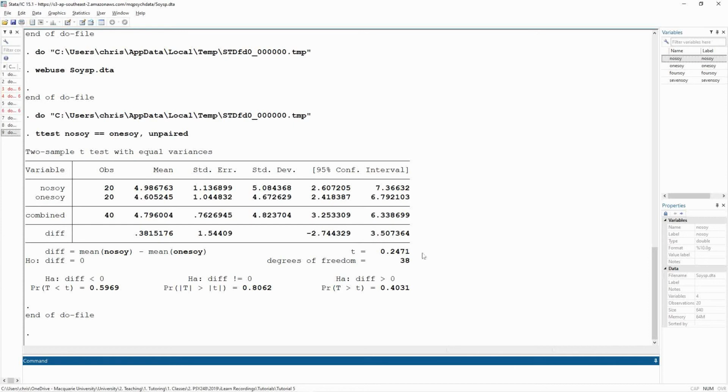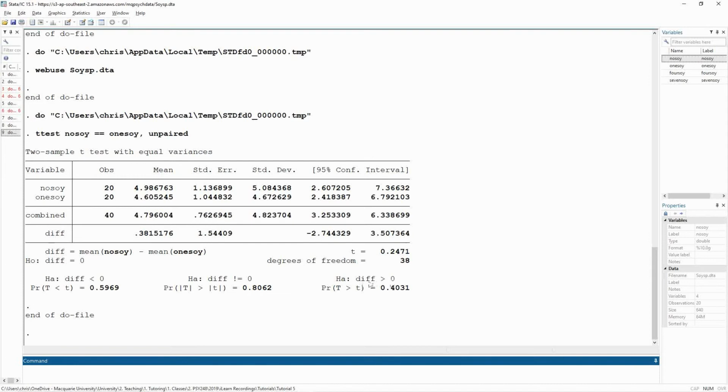Lo and behold, we get a t that is less than 1. It's on 38 degrees of freedom. And our p-value is non-significant. So I'm looking at the p-value on the far right, and the reason I'm doing this is because we're expecting a difference that is positive. So difference is greater than 0.